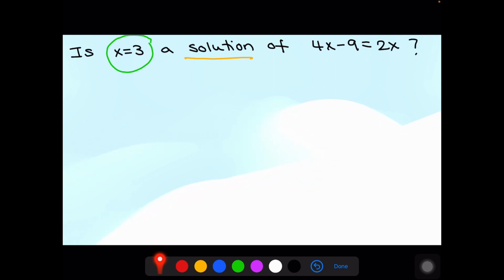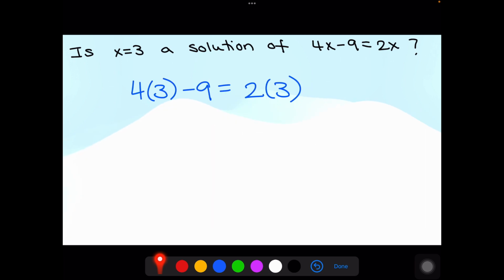One way to determine if a value is a solution of an equation is just plug it in and see what happens. So I'm going to take my linear equation and I'm going to replace both of these x's with 3's. So now I've got 4 times 3 minus 9 equals 2 times 3.